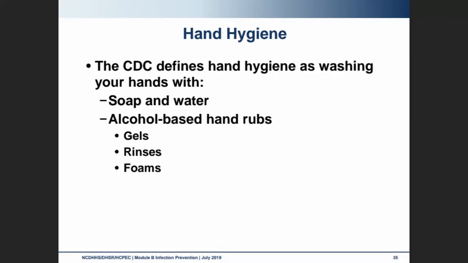Alcohol-based hand rubs are fairly new, and it's important to know that when we clean our hands with them, we need to make sure we're getting a sufficient amount of the liquid, gel, or foam into our hands so that it takes at least a full 20 seconds to rub it all the way in and be dry. If it doesn't take that long, we're not using enough of the gel, rinse, or foam.